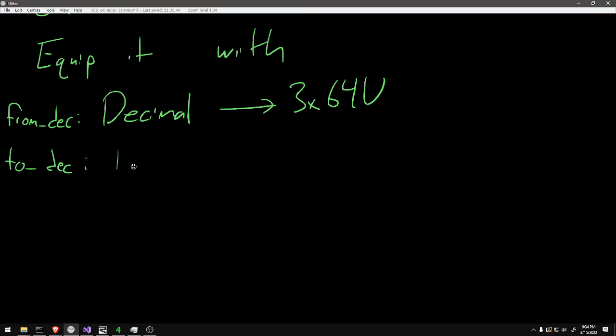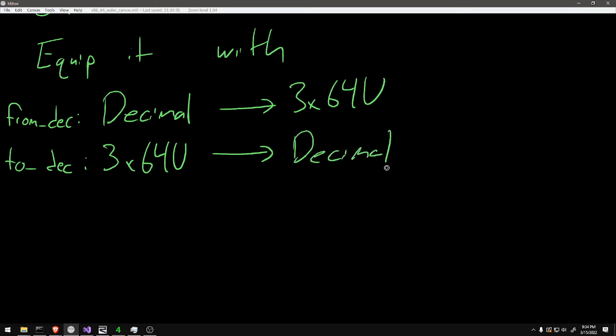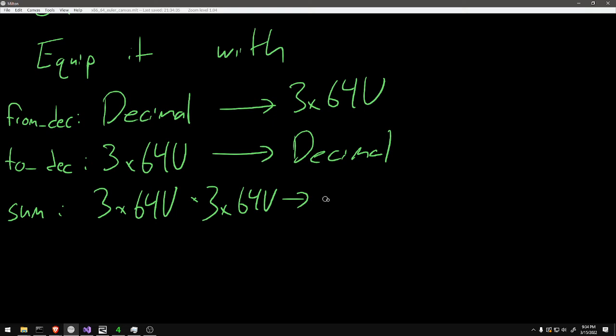So that would give us the ability to go from a 3x64u to a decimal representation. And we want to equip it with the ability to sum, right? We want this sum function, which is the ability to take two of these, 3x64u by 3x64u to another 3x64u, right? That's the things we need to be building.